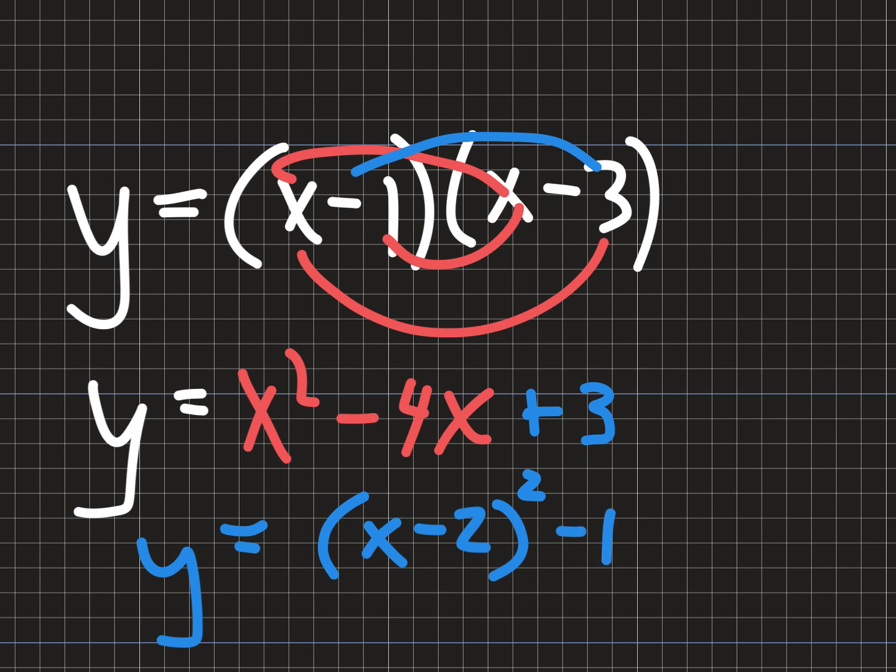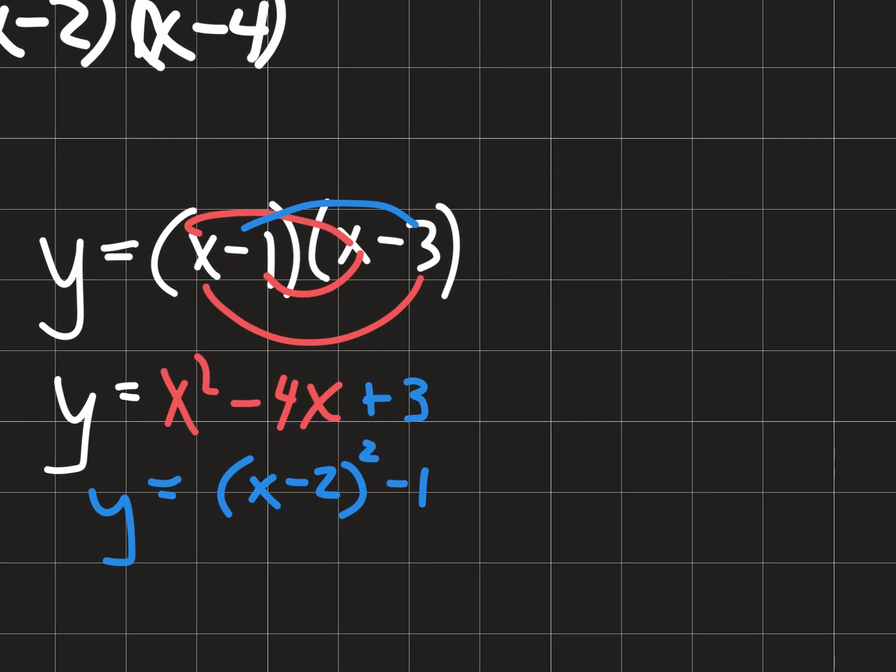Now, how did you get it, Ethan? I just know there's an x squared from the general. That's true. There had to be an x squared because it's a parabola. Okay, good. And then 4x is 2 times 2. And then you just figure out what the minus is. Oh, interesting.